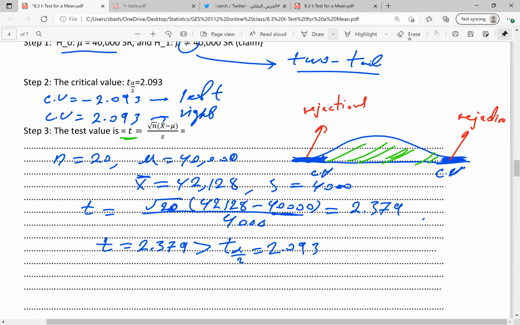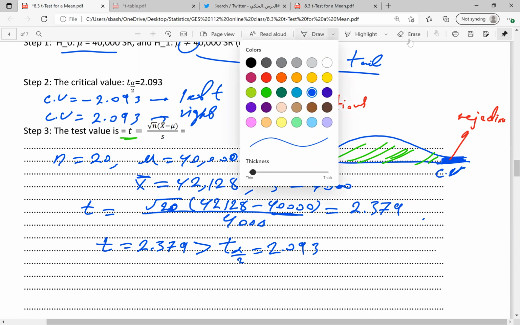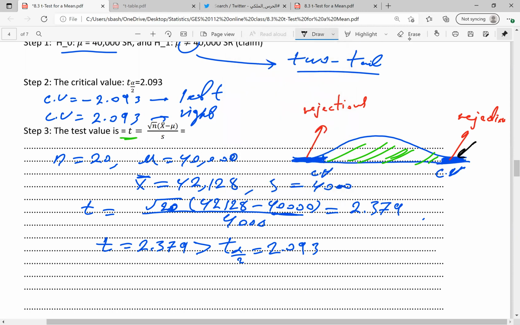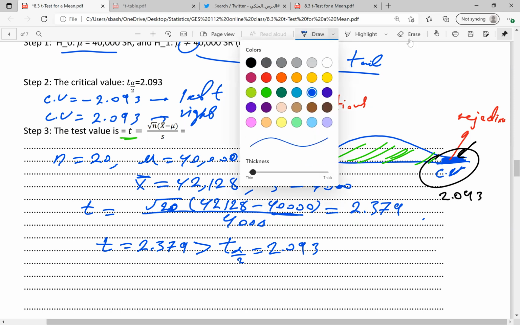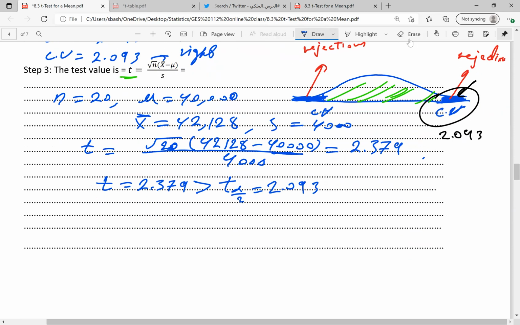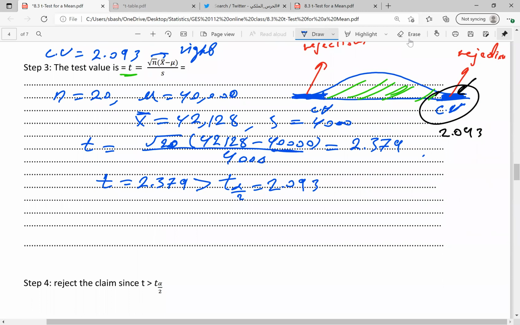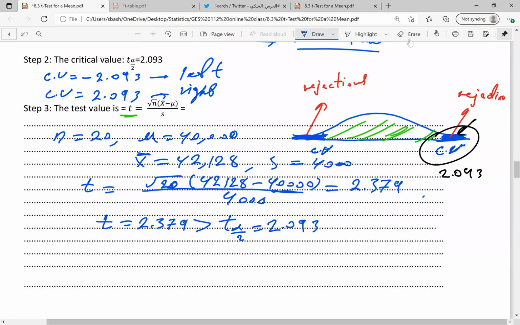It means the value of the test statistic is in the rejection area because it's greater than the right critical value, or to the right of it. So this is step number 4.